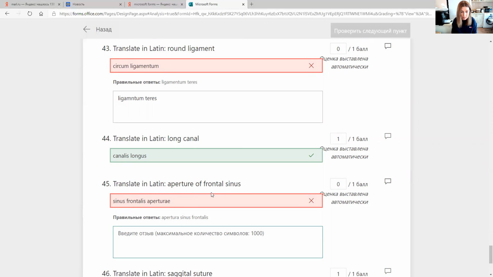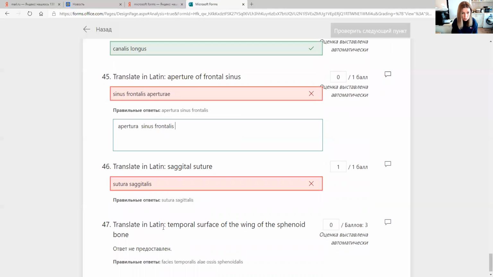Remember that after the preposition of, we always use genitive case. Aperture is apertura, nominative case, because it just names the subject. What aperture? Of frontal sinus. First the noun. Sinus in genitive case will be the same. Sinus, it's fourth declension. Frontal in genitive case, frontalis. It's second group of adjectives, in genitive form it is frontalis.